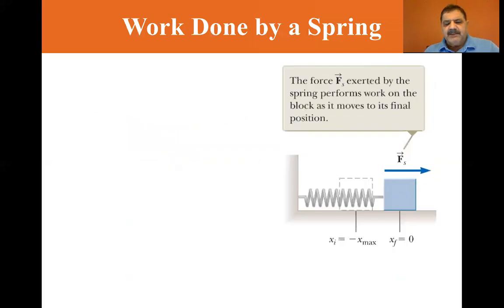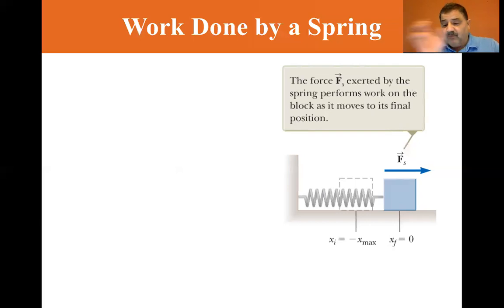Okay, now consider work done on a block by an external agent. As the agent applies force on the block and the block moves very slowly from x initial equals minus x max to x final equals 0, as in the figure, the applied force pushes inward and prevents free expansion.